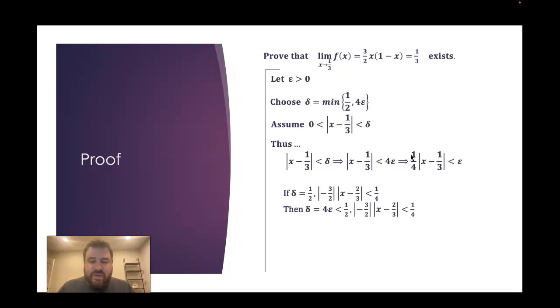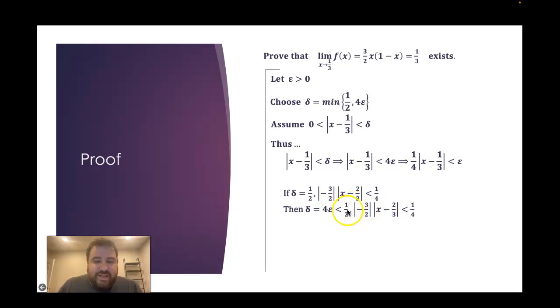So we know from our setup that if delta equals 1/2, then the expression, the absolute value of 3/2 times the absolute value of x minus 2/3, needs to be less than 1/4. And then if we plug 4 epsilon into that, it still follows that this expression is less than 1/4.